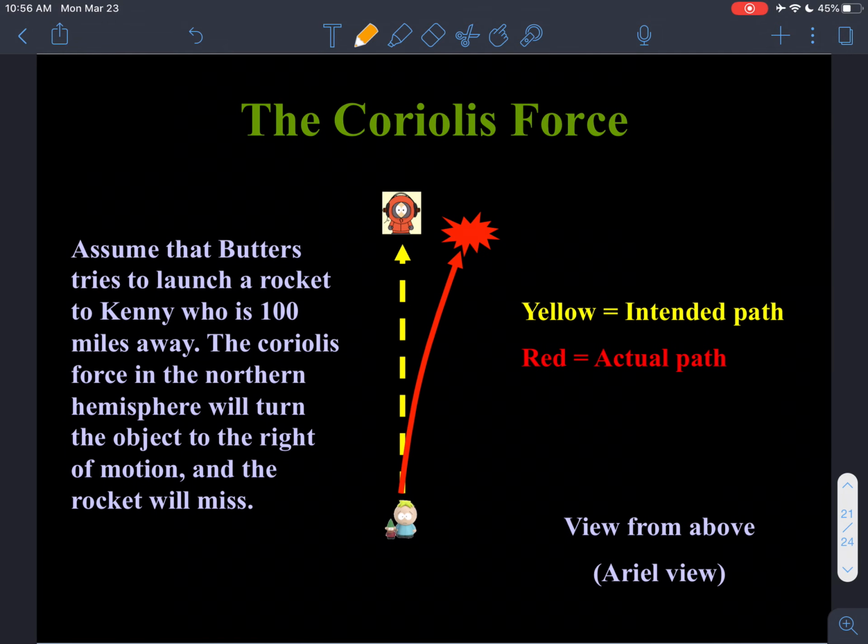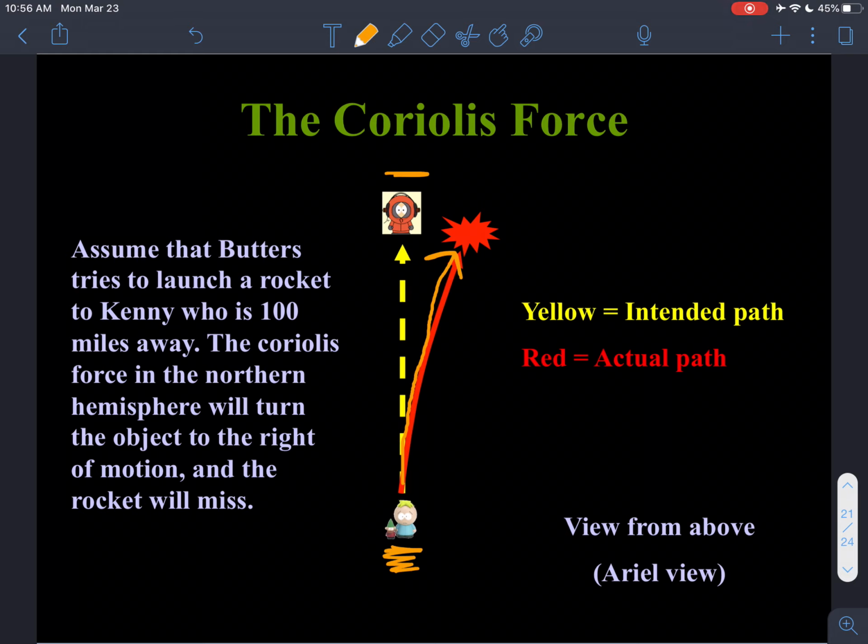So if you think about it this way, let's say that Butters is trying to throw a rocket or shoot a rocket towards Kenny over here. If he throws it in a straight line, because the rocket's in the air, it's going to appear to curve to the right in the northern hemisphere.